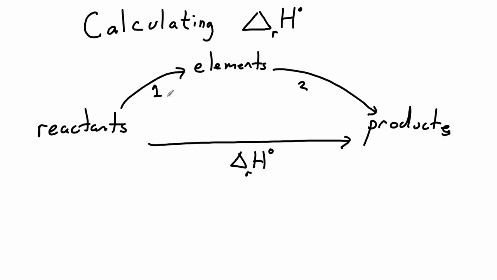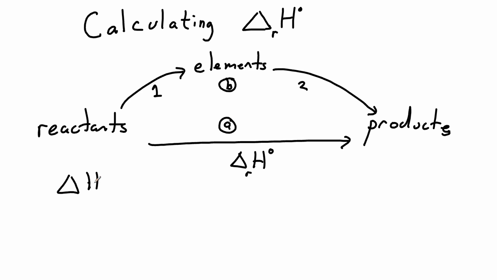This path of going step 1 and step 2 gets us the same place as if we went there directly. And since delta H is a state function, we can say that this upper path, which we could call path B, is going to be the same delta H as the lower path, path A. It must be that they're equal.